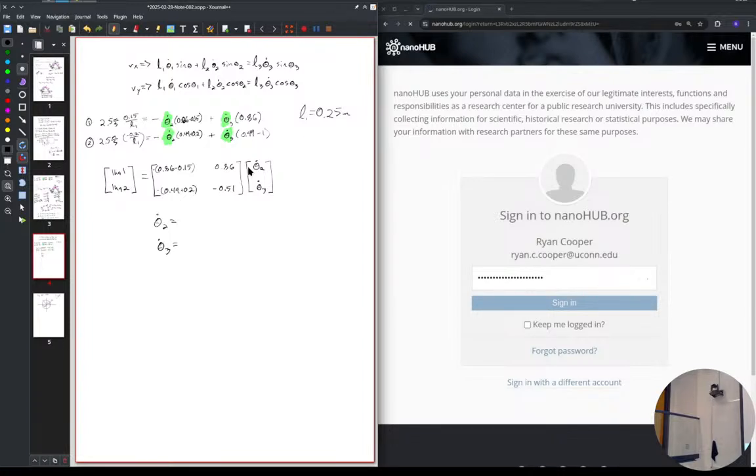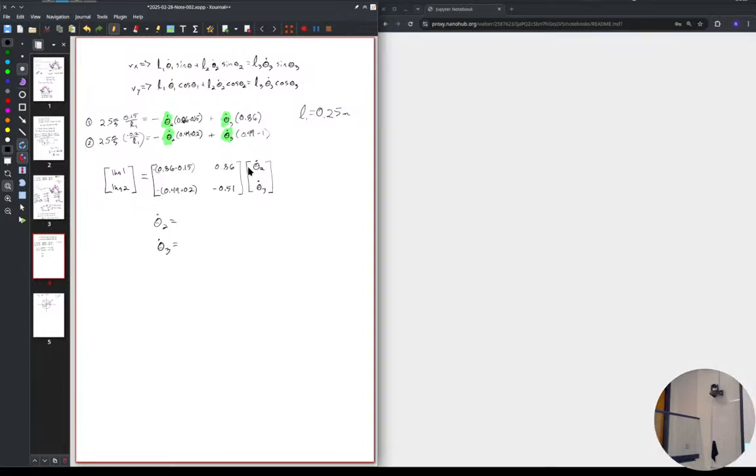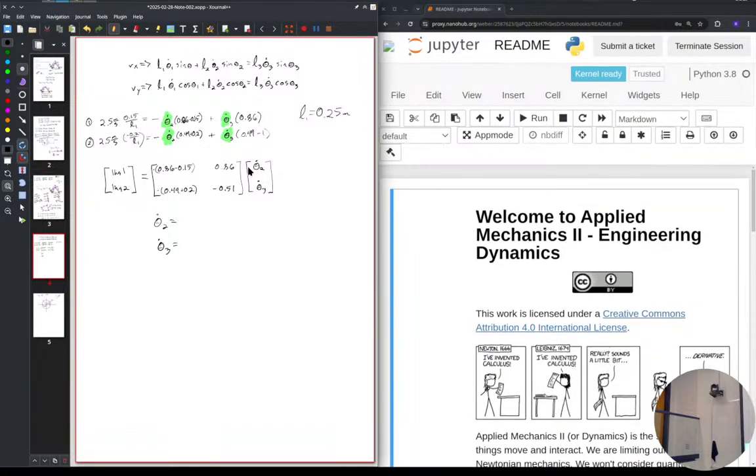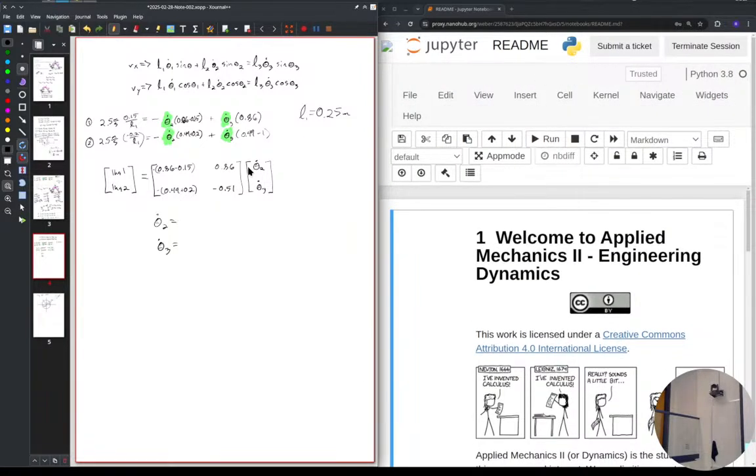Theta dot one is one. And theta two is one. Theta three is 2.57. I guess theta dot two is 0.1. Yeah. You get the same now. Yes.